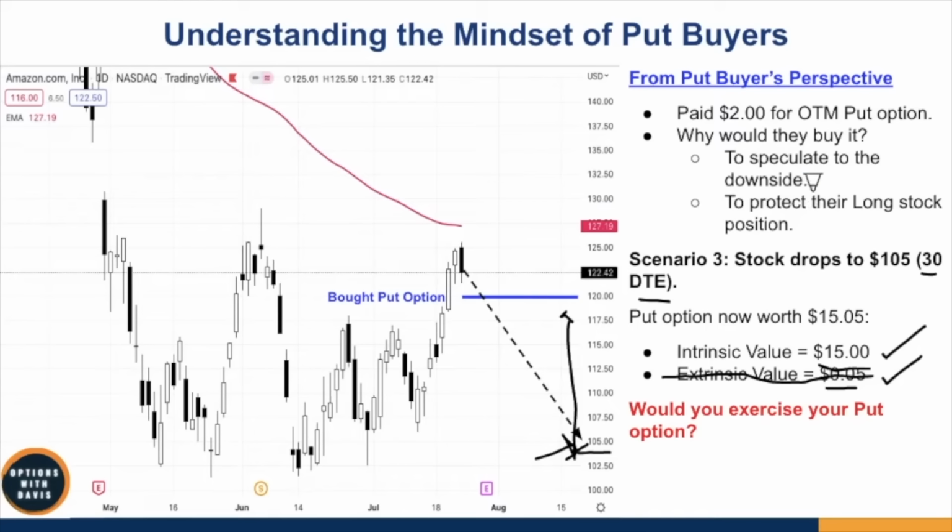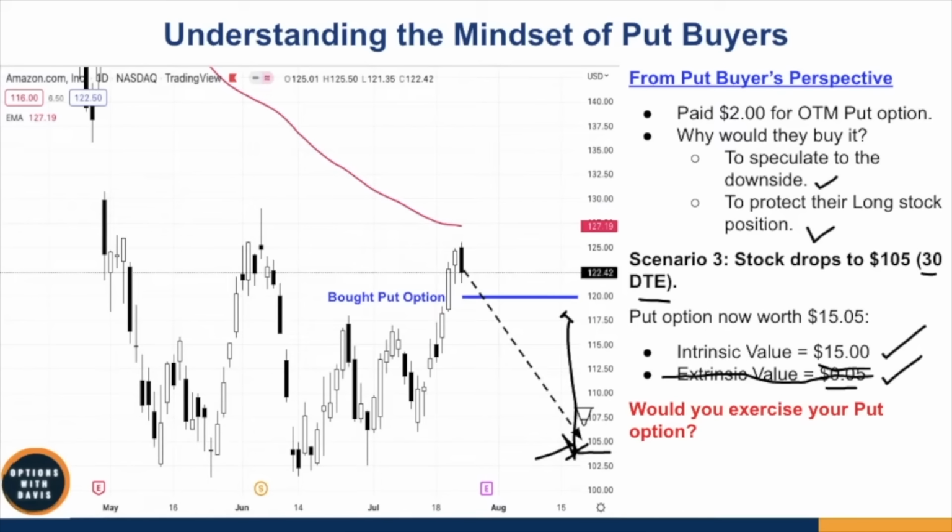So it goes the same whether you're speculating or protecting your long stock position. You have 30 days to go. If you still have a long stock position, you would just wait to see if the market actually bounces back. Because at the end of the day, you're not trying to profit from the put option if you are using it as insurance. You're using it as protection.